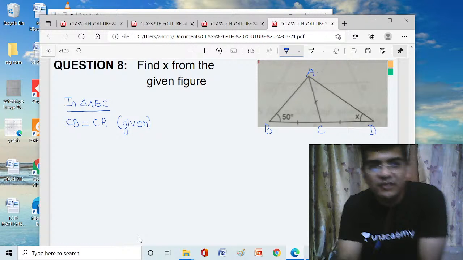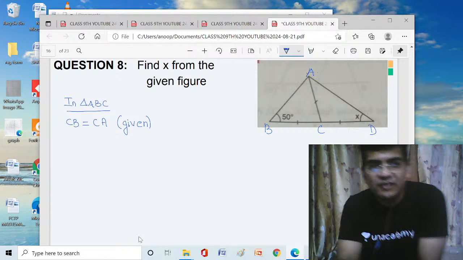So let me name this angle as X, and X is already there, so I can't name it as X. I will name it like A or B, something like this. So let me name this as A, and this as B. Now what I can say, A and B are equal.